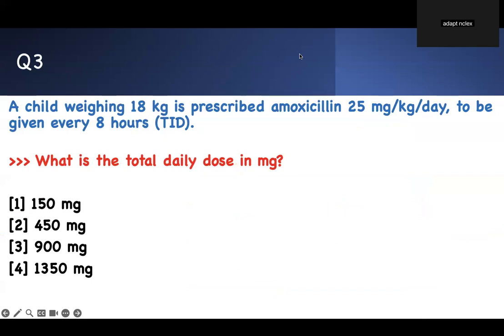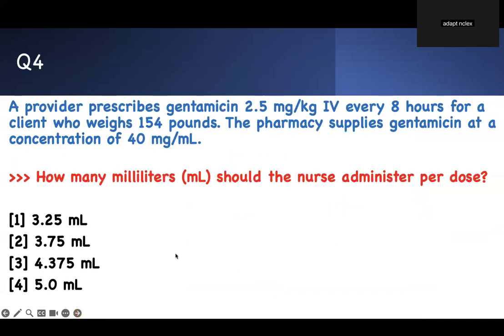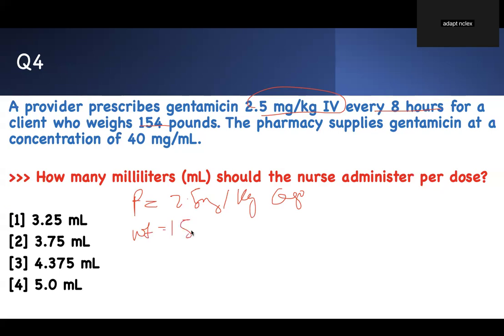The next one is what? The provider prescribed gentamicin, same strategy. 2.5 milligram every 8 hours. So the prescribed dose is 2.5 milligram per kilo every 8 hours, for a client who weighs 154 pounds. 154 pounds, you divide that by 2.2, and you're going to get 70 kilos.